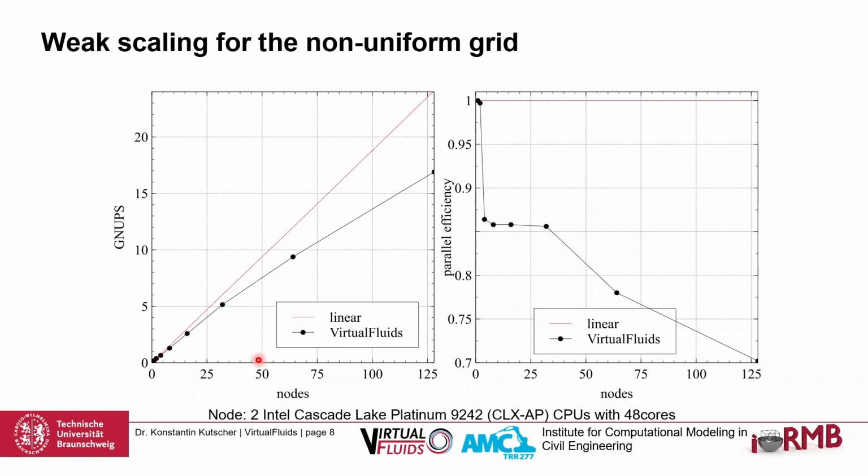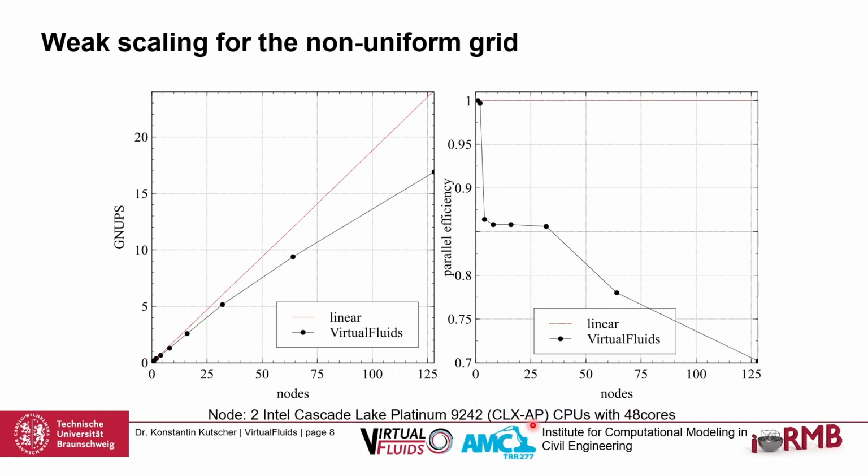This benchmark was conducted on the cluster, and each node has 2 Intel Cascade Lake Platinum. Earlier it was called Xeon. I'm not sure it's the same name as Intel uses today, but you can Google.